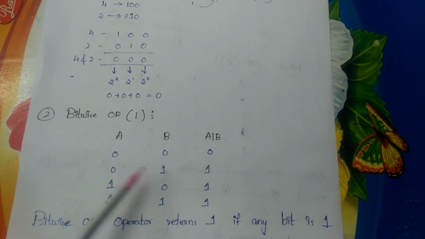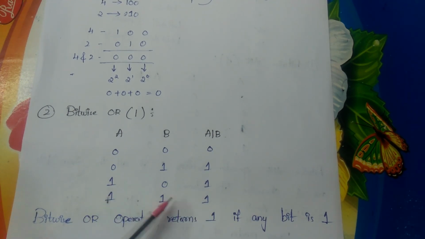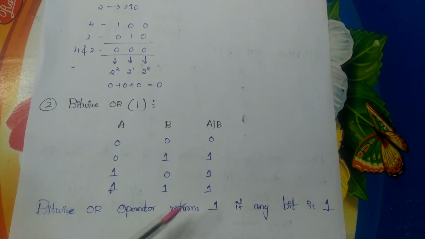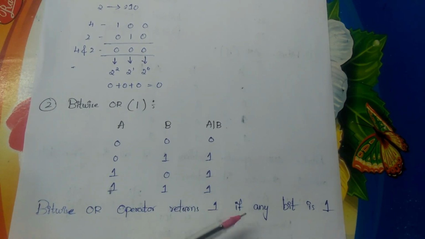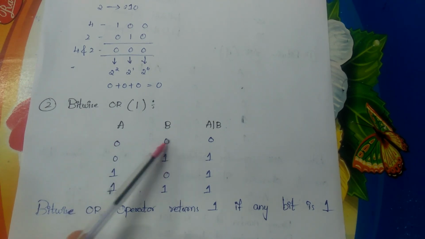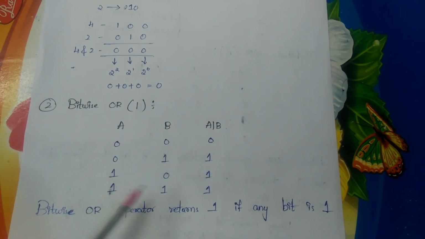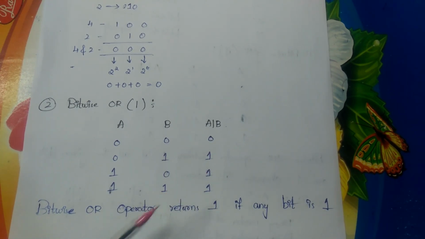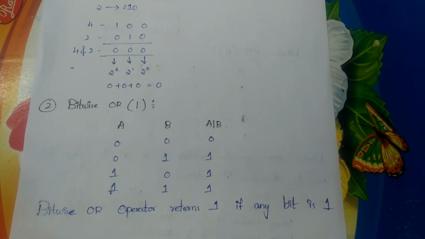With 0 1 it returns 1, 1 0 it returns 1, and 1 1 it returns 1. So the bitwise OR operator returns 1 if any bit is 1. Otherwise it returns 0. This is about the bitwise OR.